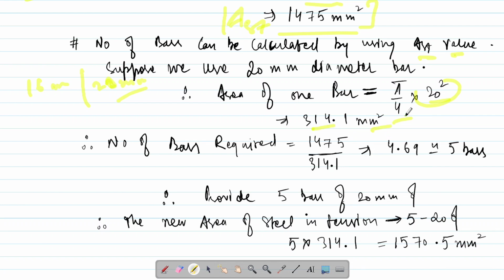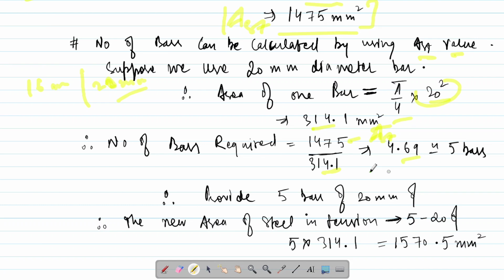Now in order to calculate the number of bars, we'll directly divide the Ast value by the single bar area, which will provide us the number of bars required. So this comes out to be 4.69, which is approximately equal to 5 bars.